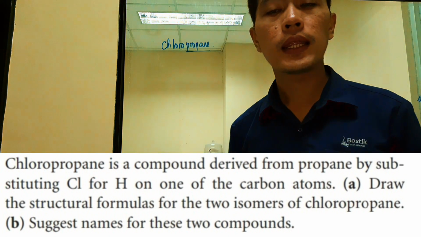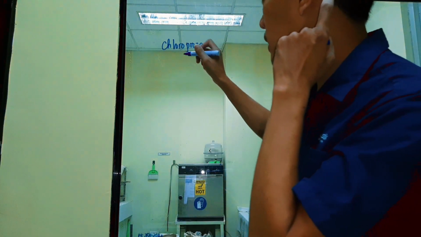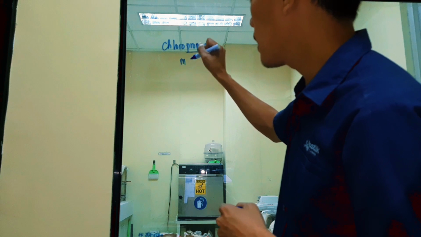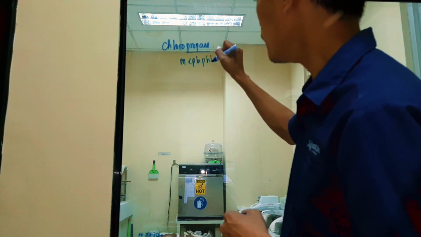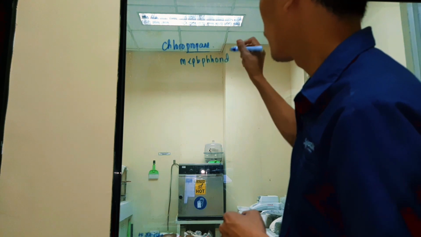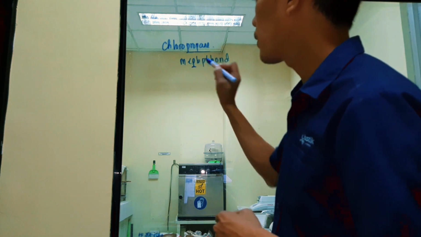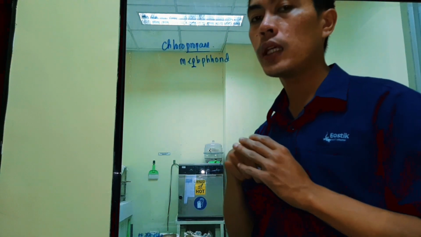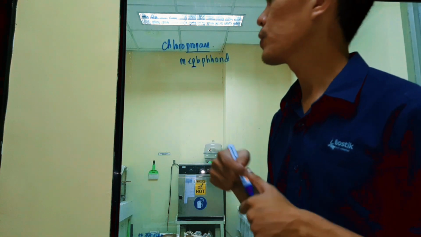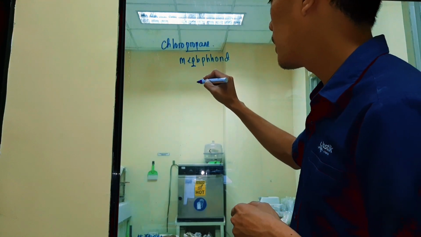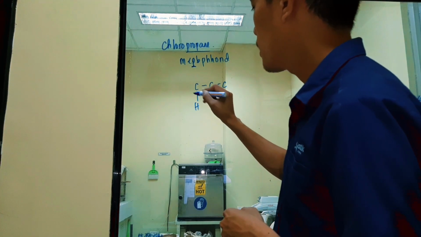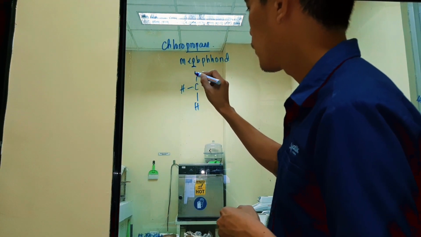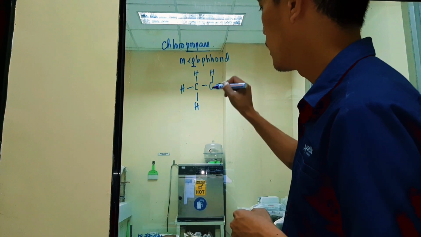So we know that the mother compound is propane. So going back to our discussion, propane is the third carbon-containing hydrocarbon. So our mother compound will be three carbons connected with H on each side.